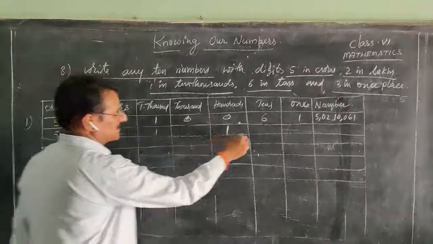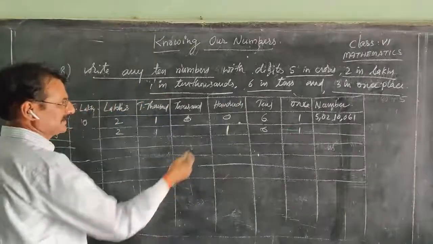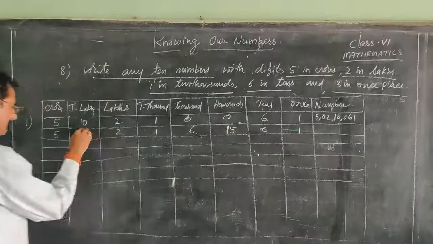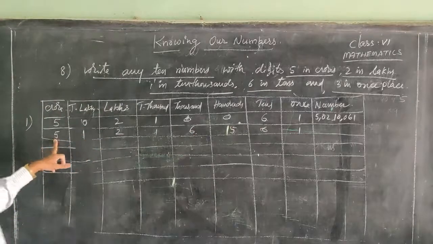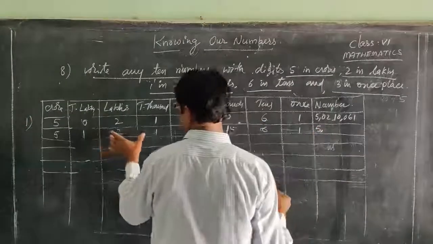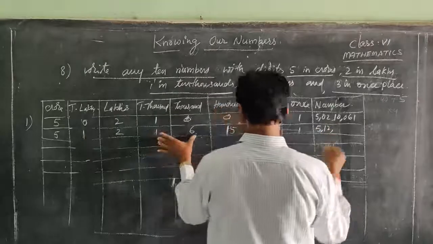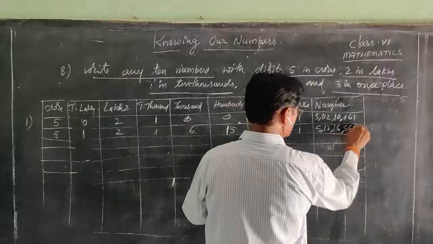With the help of the same digits, if we use a different digit in this place, let's take another number. 5 crore, 561.